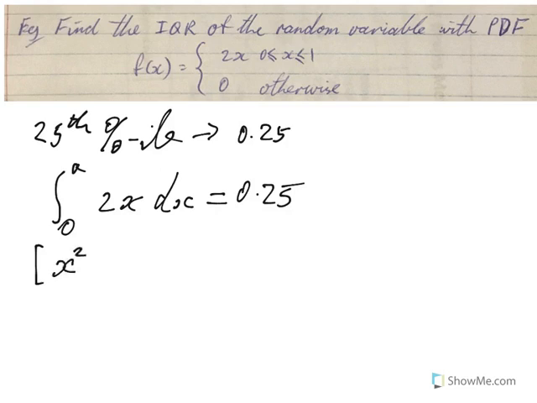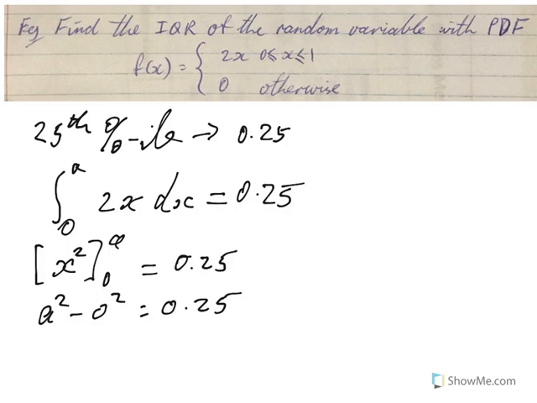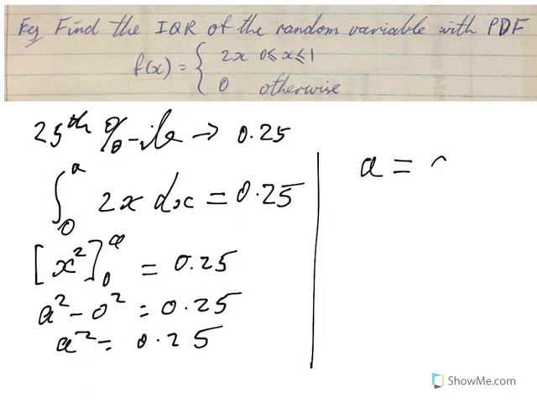2x anti-differentiates to x squared between 0 and A, and that's got to be 0.25. So we get A squared minus 0 squared is 0.25, and so A squared is 0.25, and that then means that A is equal to 0.5.